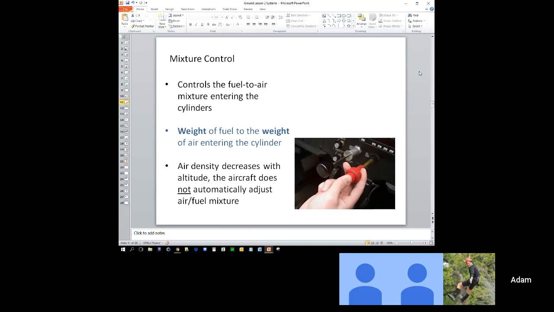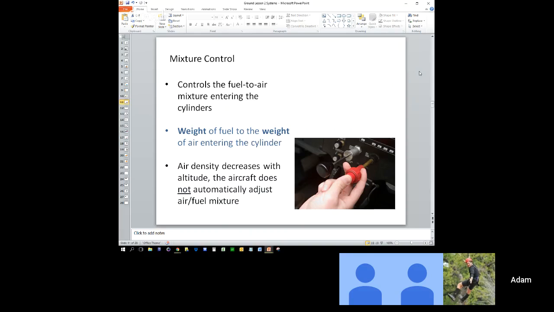Just like the folks you see trying to summit Mount Everest. Why do they bring oxygen tanks? Because there's less air. Air is less dense. In a given amount of volume, there's less air. And your airplane doesn't automatically know that. So it relies on a pilot to control the fuel portion of that mixture, since the atmosphere is providing the air portion of that change.